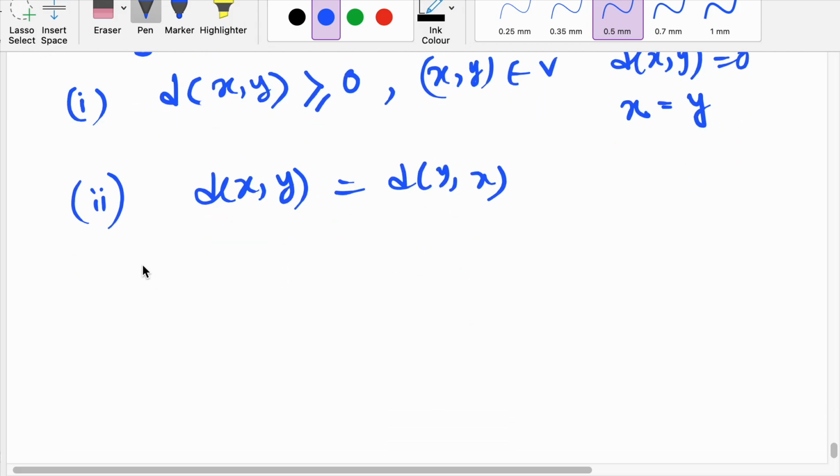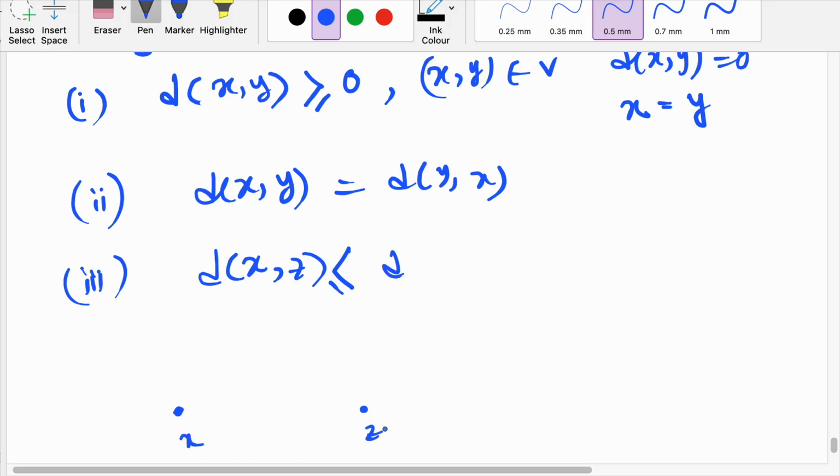And third is the distance between x and z. Suppose the distance between x and z is less than or equal to, suppose in two dimensional space this is x and this is z, suppose this point is y, d(x, y) plus d(y, z).